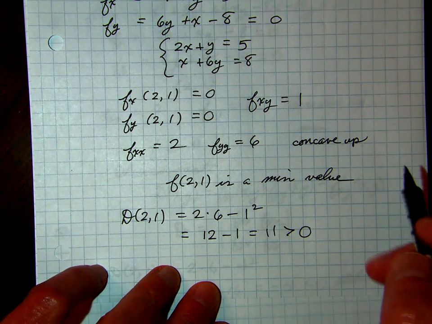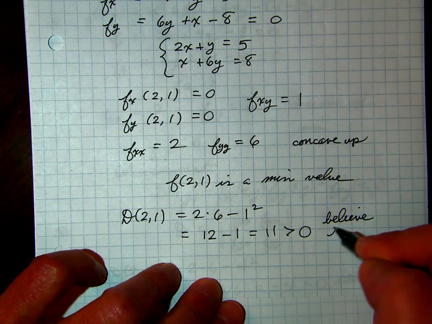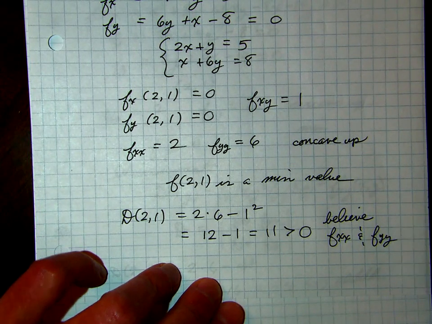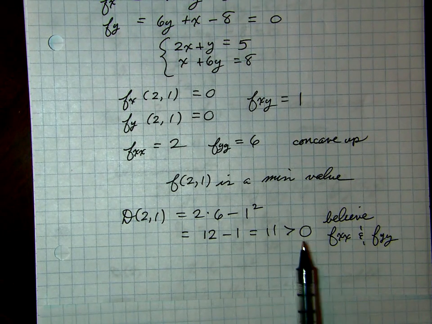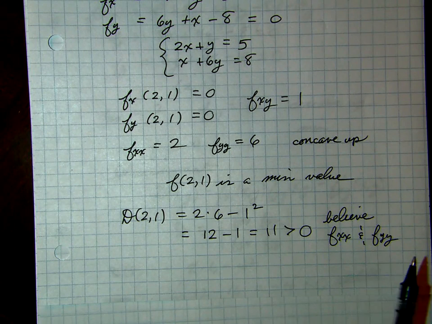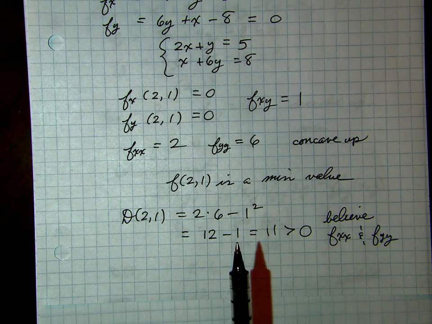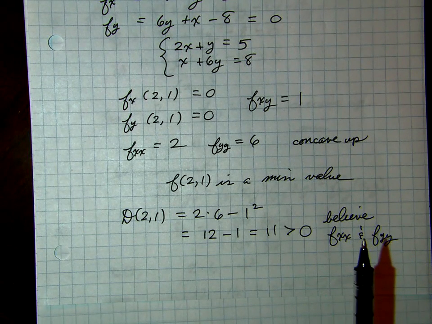That means you can believe fxx and fyy. They are telling you the truth. If the discriminant comes out negative, it's a saddle, no matter what fxx and fyy tell you. If the discriminant comes out to be 0, then we just don't know. We have to try something else. And that's an introduction to using the discriminant to find the max or min of a function of two variables.